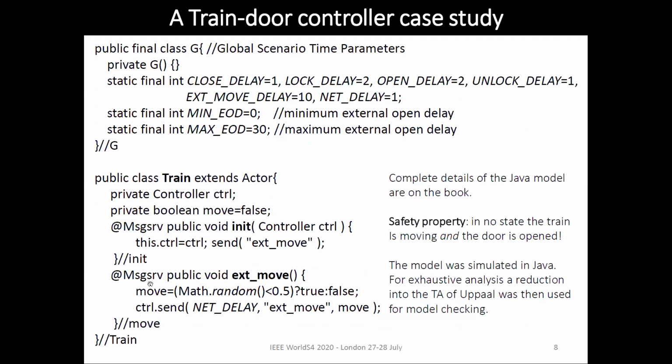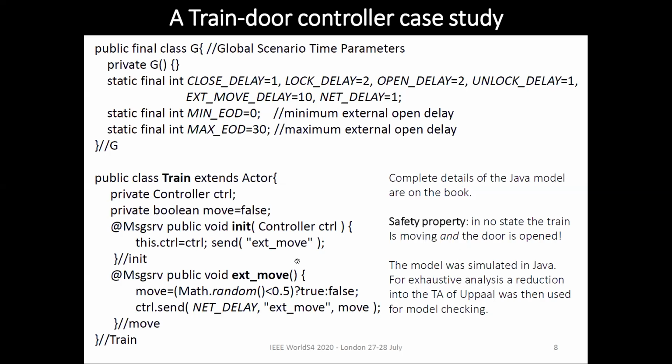To give you some idea about our programming style in Java, here is, for example, the train actor. We have a safety property to verify: it can never occur that the train is moving and the door is opening.